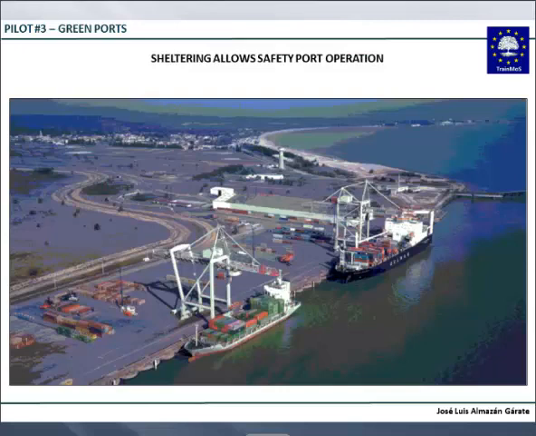You cannot pick up or leave a container on a ship if the ship is moving due to the energy in the water surface. To do this operation of transfer between the lorry and the ship, and between the ship and the lorry through the crane, the ship must be in a stable position. And to have the ship in a stable position, the water must be quiet.